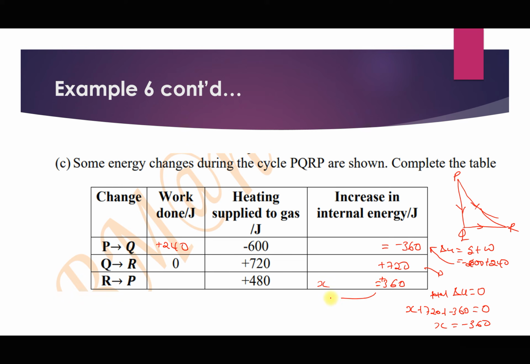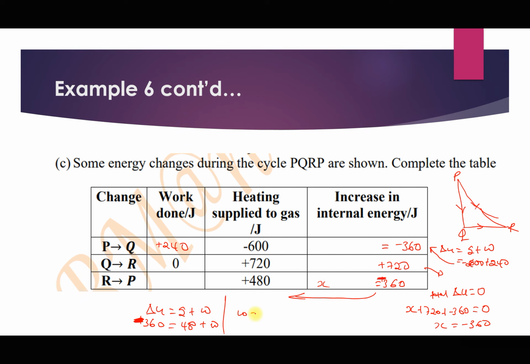Then we now move backwards using the change in internal energy equals Q plus W. So the change in internal energy is negative 360, not positive. Negative 360 equals Q, which is positive 480, plus W, which we don't know.